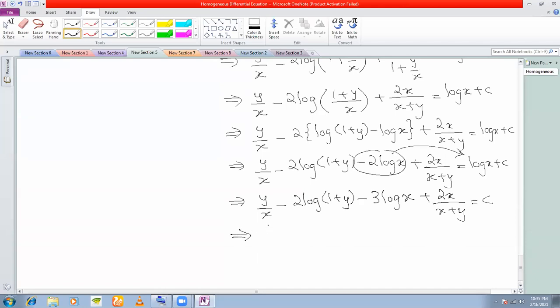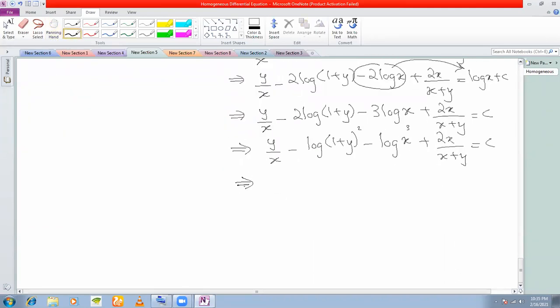That means now you can write this as y by x minus log 1 plus y whole square minus log x cube plus 2x by x plus y is equal to c.